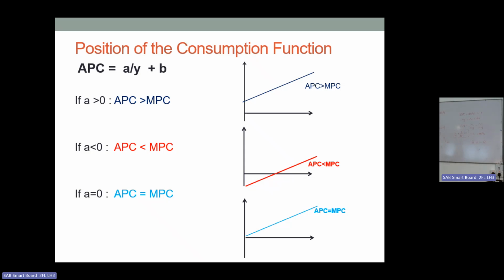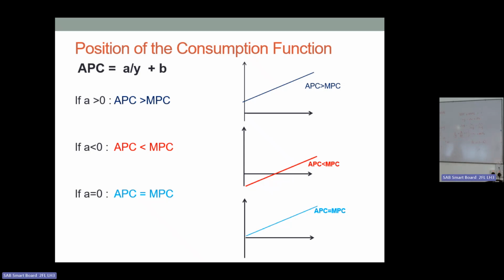Okay, so what happens if A is negative, less than 0? Now this small part becomes negative, so we have to deduct it from B. This side is lower than this one, so APC is less than MPC.